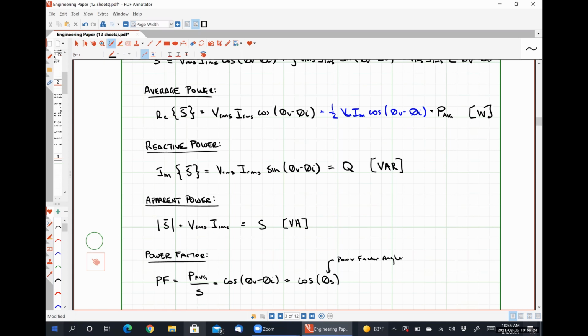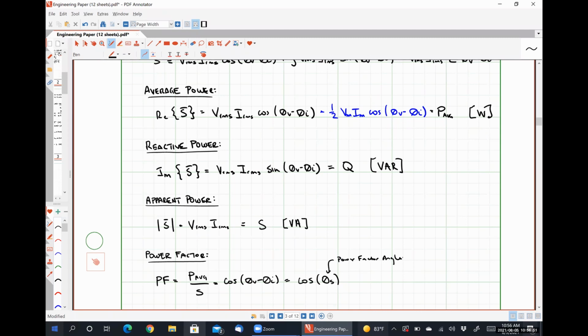This typically means that the expense to the supplier is higher as more energy needs to be generated than is actually being consumed. So one way to think about some of these relationships, at least that I find helpful, is that average power is what we consume and what we are charged for.